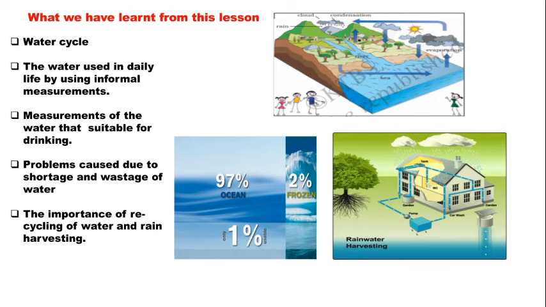You can see the picture of rain harvesting, children. So whenever it is raining, the raindrops will fall on your house roof, isn't it? So we can do rain harvesting as in the picture, through plastic pipes and all, etc. So many things are there.